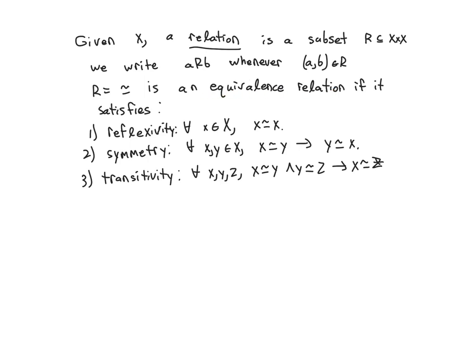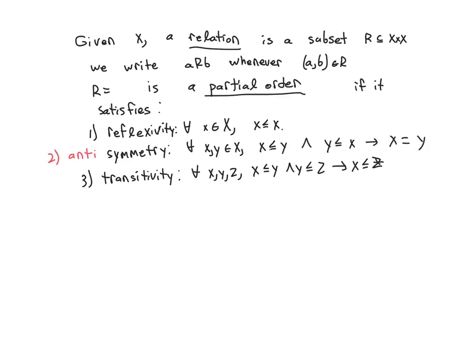An equivalence relation is a relation that is reflexive, symmetric, and transitive. That means everything is related to itself. If I am related to you, then you are related to me. That's what it means to be symmetric. And transitive says if X is related to Y and Y is related to Z, then X is related to Z. The most common equivalence relation we work with in mathematics is the equal sign.